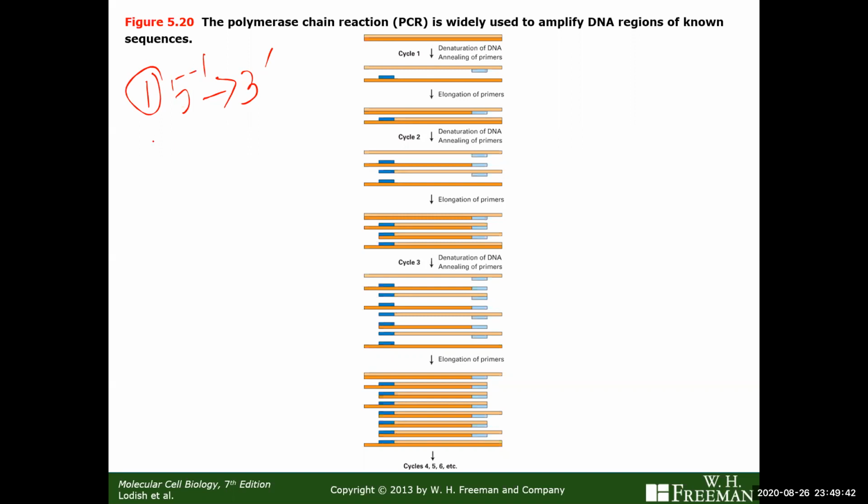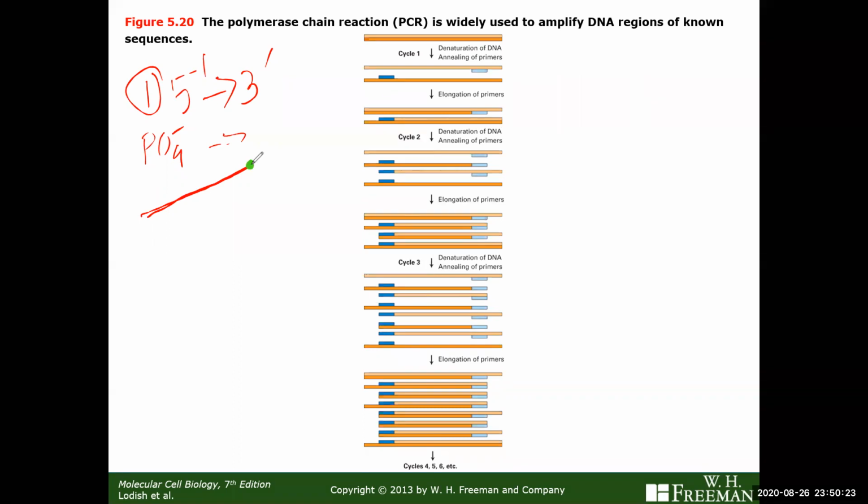Because at the 5' end, the base will have a phosphate group at the 5' position of the sugar, and at the 3' end, the sugar will have a hydroxyl group at the 3' position of the sugar. So if this is DNA, then the next nucleotide that will be added to it, let us say it is colored in green, will be added here.